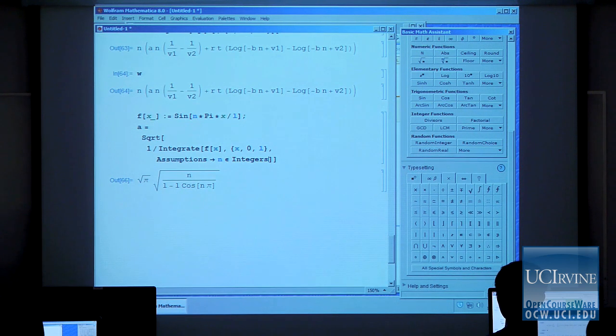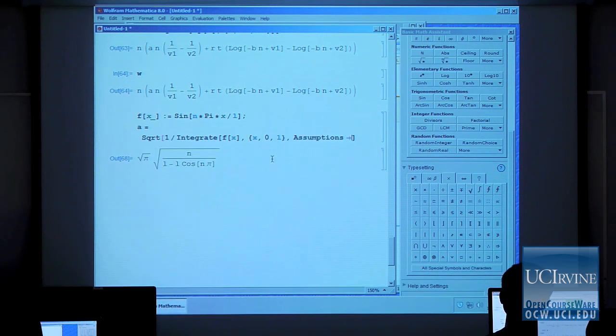All right, so let's try that. Oh, that one didn't work. Okay, let's try it using assuming, which is what's in the notes. Actually, we can put it in front of the integrate.